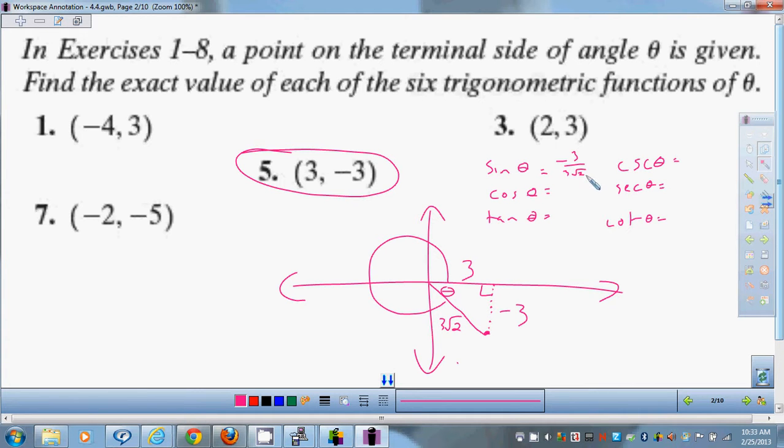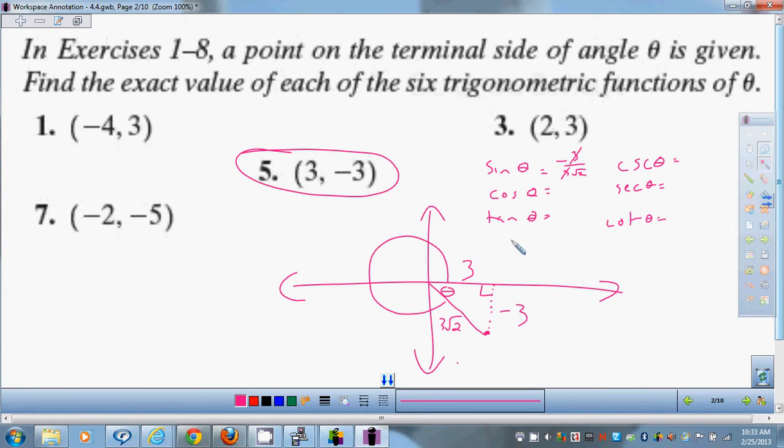Very good. Now, because I'm low on space for this example, I'm just going to leave it like that, but you will have to rationalize it by multiplying the top and bottom by radical 2. Well, the 3's would already cancel, I guess. And it'd be negative 1 over radical 2, which you'd still have to rationalize. But I'm low on space, so I'm not going to do that.